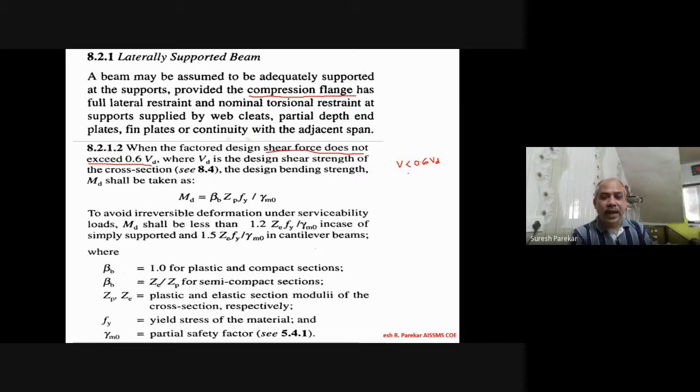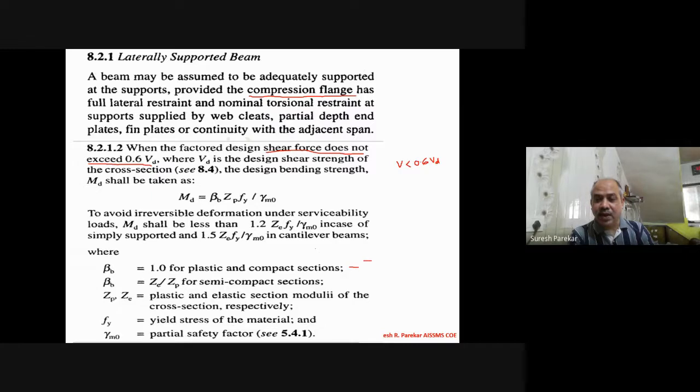Then, to avoid irreversible deformation, MD shall not be less than 1.2 Ze Fy upon gamma M0 for simply supported beams, and 1.5 Ze Fy upon gamma M0 in case of cantilever beams. Now beta B is 1 for plastic and compact sections. From where are we going to see these sections?